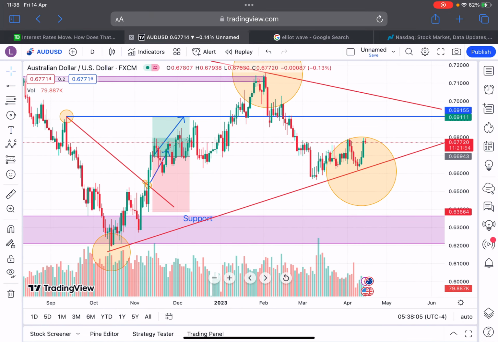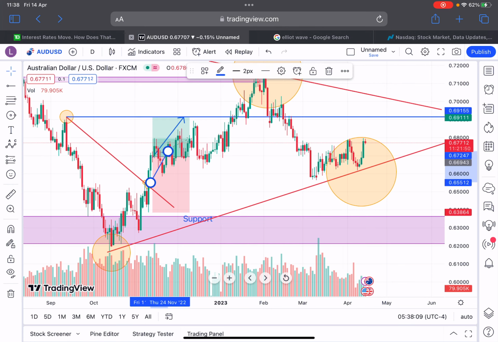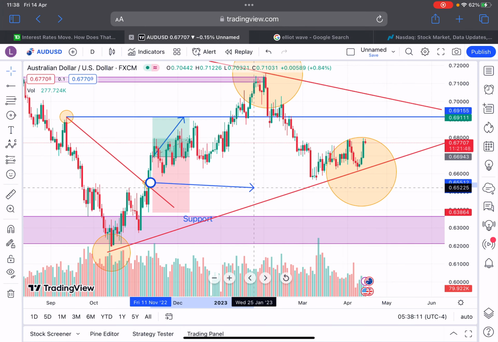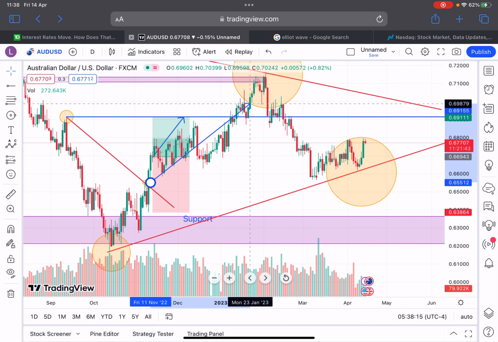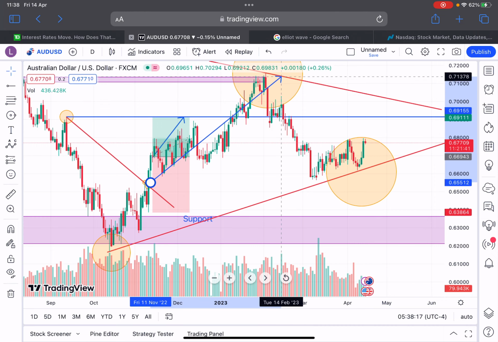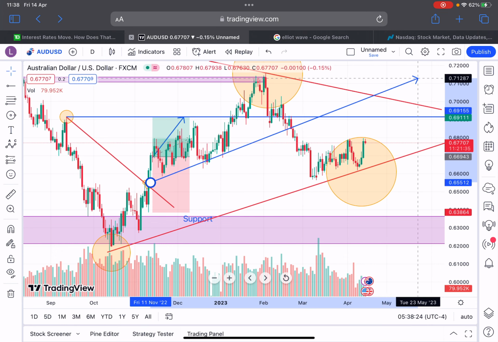So from our support, let me take this, we have our touch 1 and touch 2. So why was there a change of direction? This zone that is right here was used as our resistance.